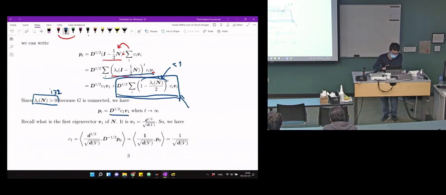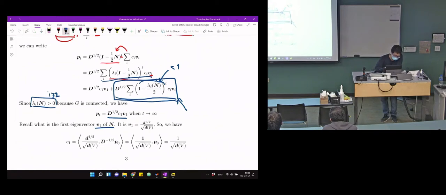Well, what is the first eigenvector of N? By now you should remember it by heart: the first eigenvector of L is the all-ones vector, and the first eigenvector of N, the normalized Laplacian, is d to the 1/2, normalized by some constant.